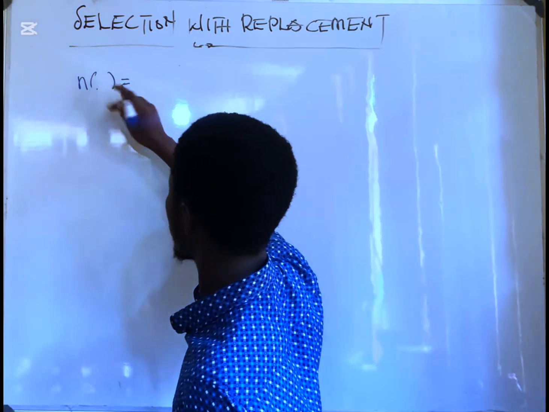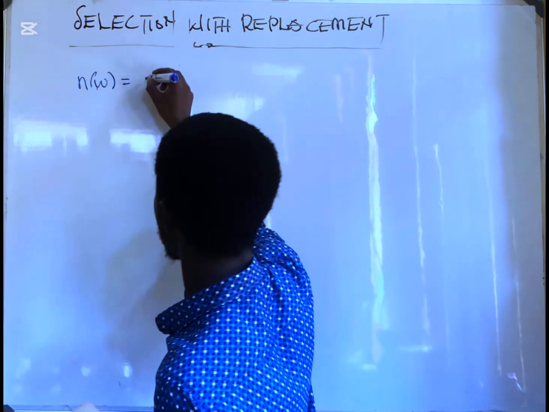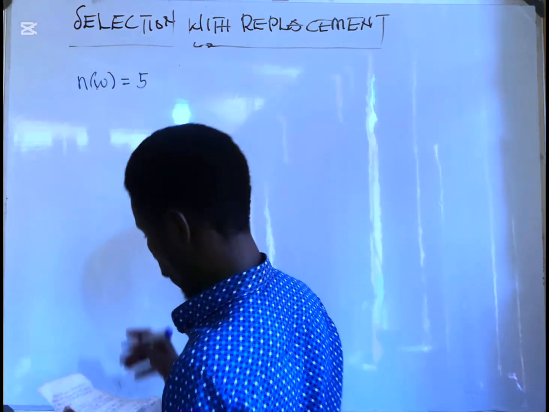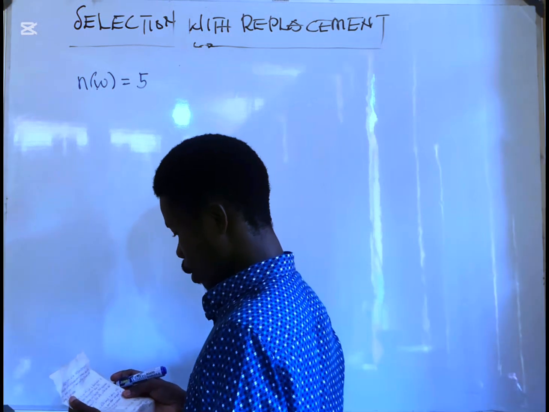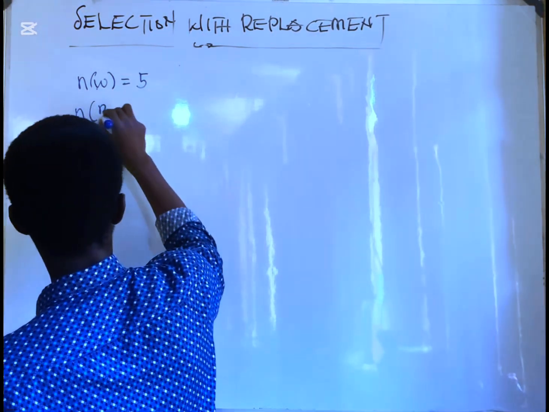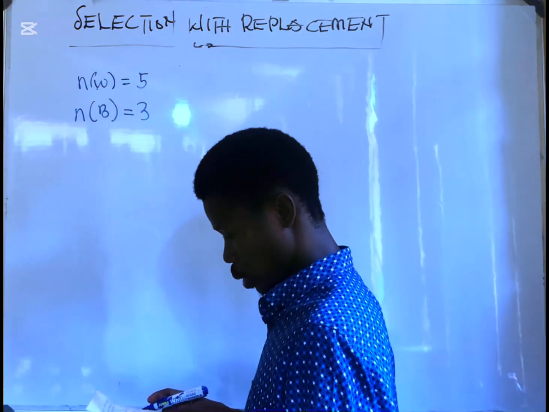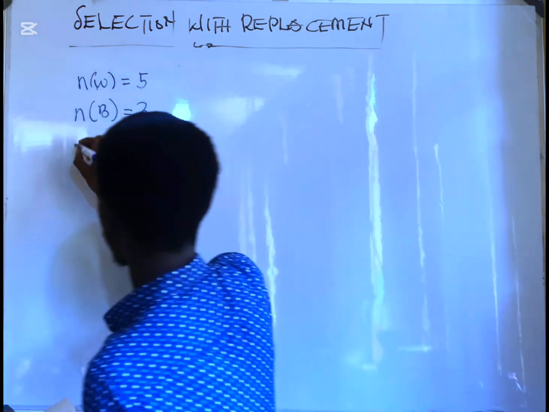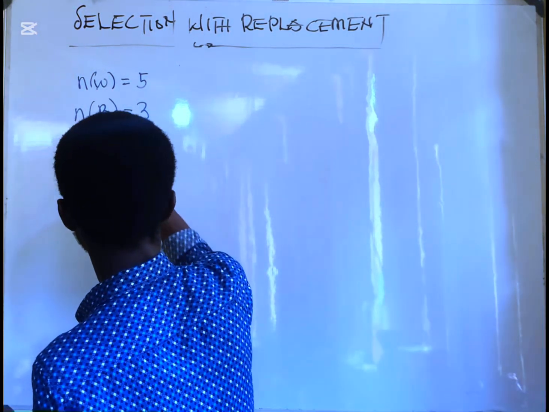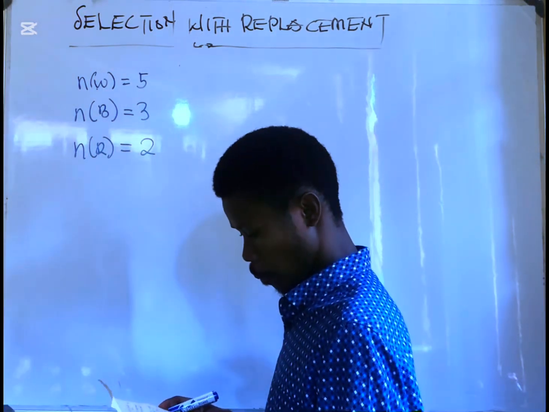Okay, first one is white. White balls is 5. Then number of black balls. Number of black balls is 3. And number of red balls is 2. Is that okay?